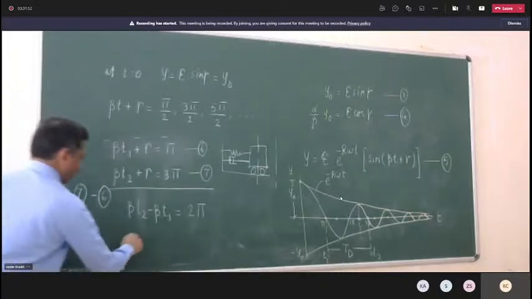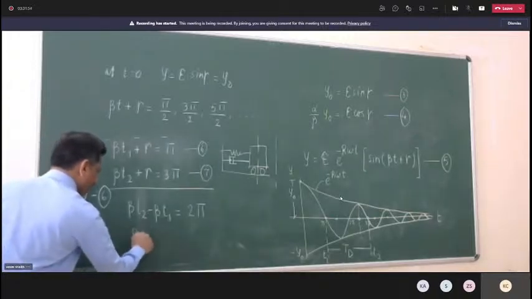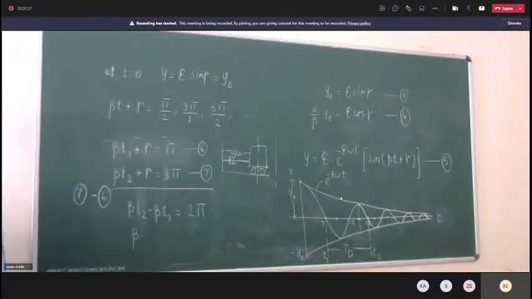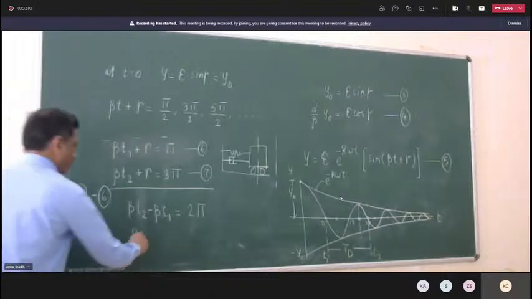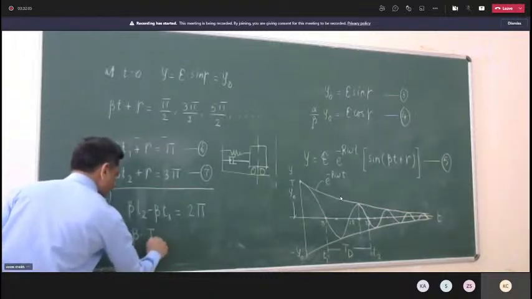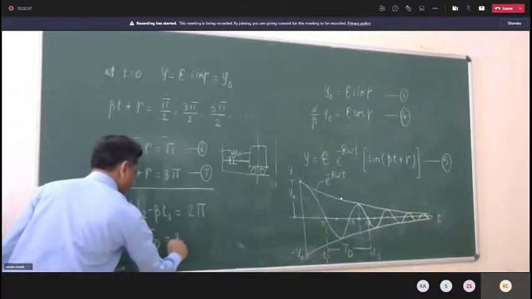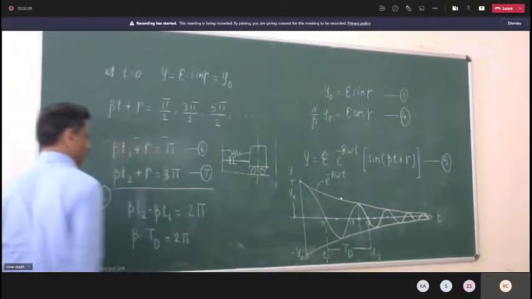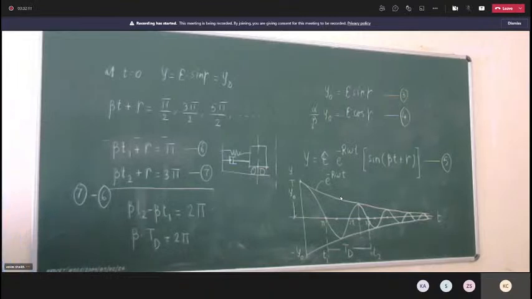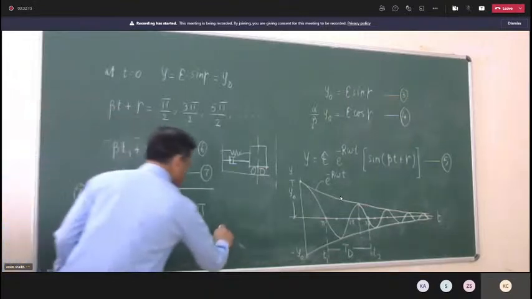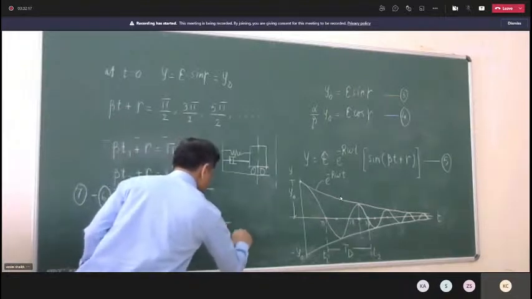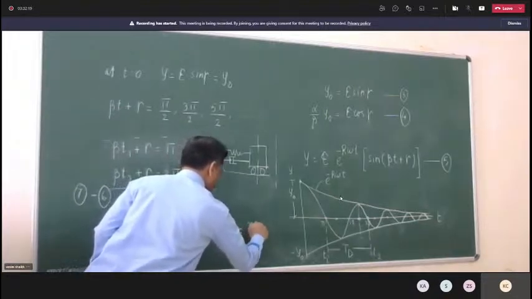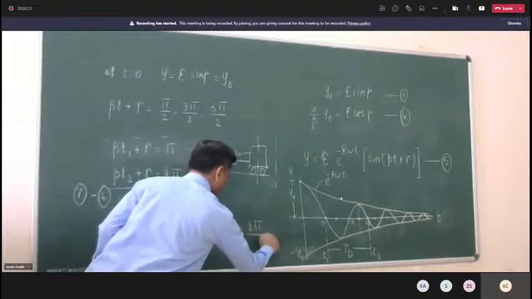And now you can take beta common. You will get T2 minus T1. And what is T2 minus T1? TD. Damped period is 2 pi. And therefore T damped is 2 pi on beta.